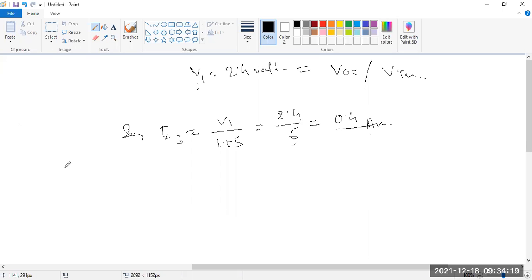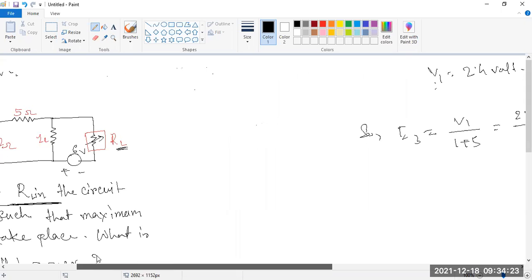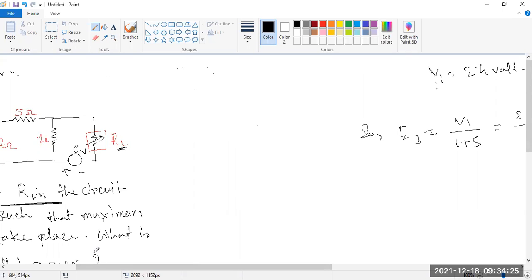So voltage drop across this XY terminal, if I apply this load, then voltage drop will be just the potential drop over there equal to 1 into 0.4. It is coming 0.4 volt also, because this is 1, this is ampere, so the potential drop over there is 0.4 volt also.